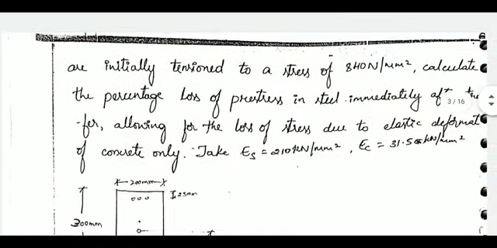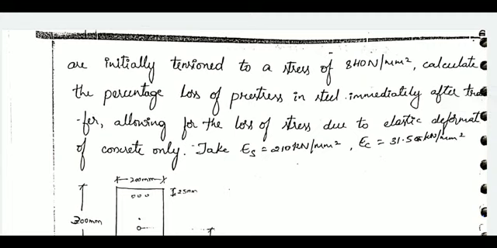If wires are initially tensioned to a stress of 840 Newton per mm square, calculate the percentage loss of pre-stress in steel immediately after transfer, allowing for the loss of stress due to elastic deformation of concrete only.